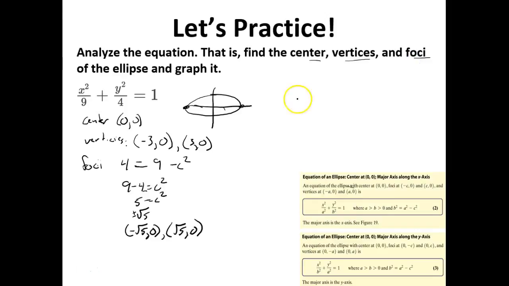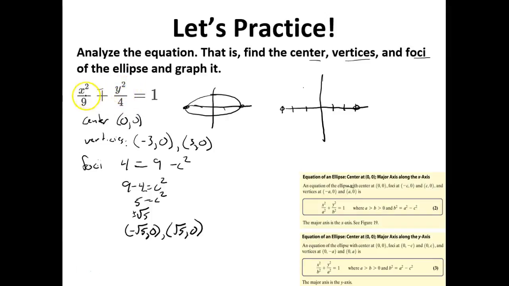So when I go ahead and graph this, I have a point at negative 3, 0 and 3, 0. I've got those 2 points. An additional point I can find comes from right here.